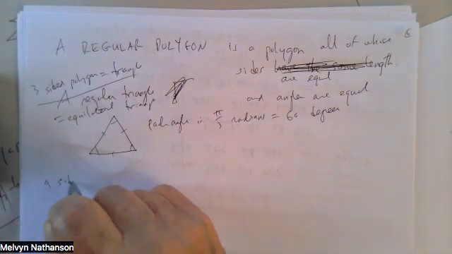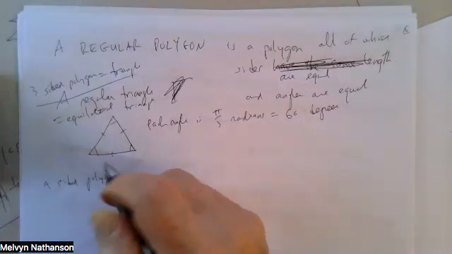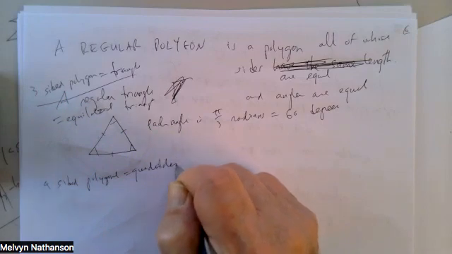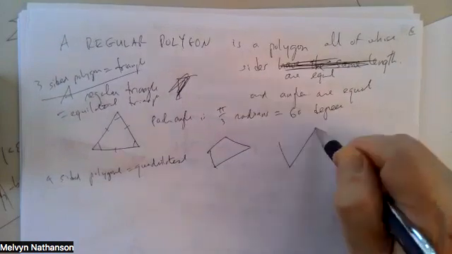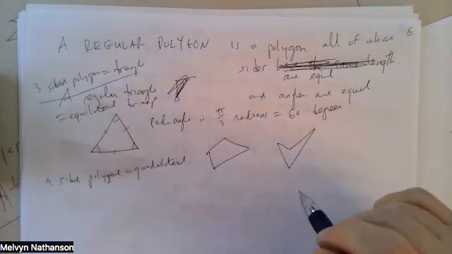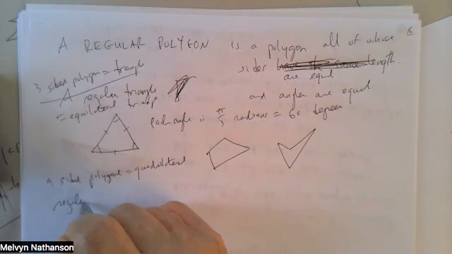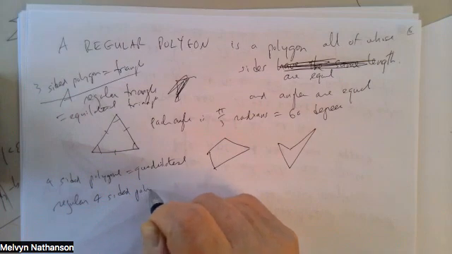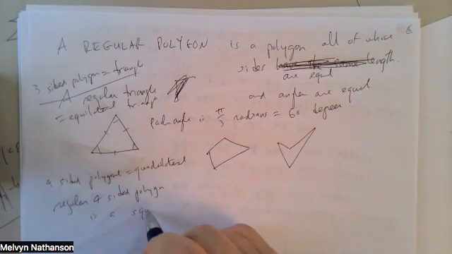What about four sides? What is a four-sided polygon? It's a quadrilateral. That's a quadrilateral. This is also a quadrilateral. But a regular four-sided polygon is a square.